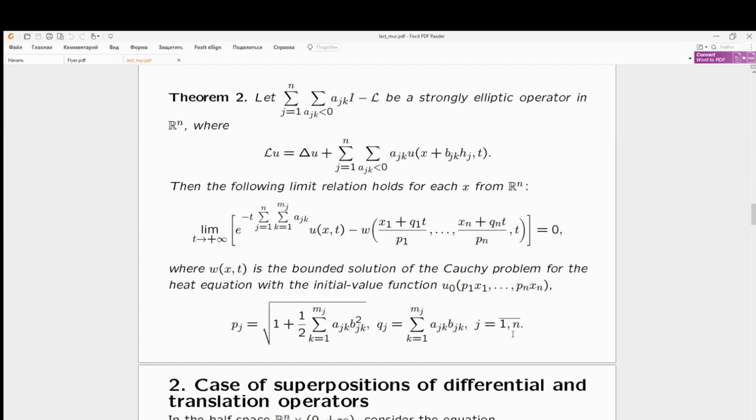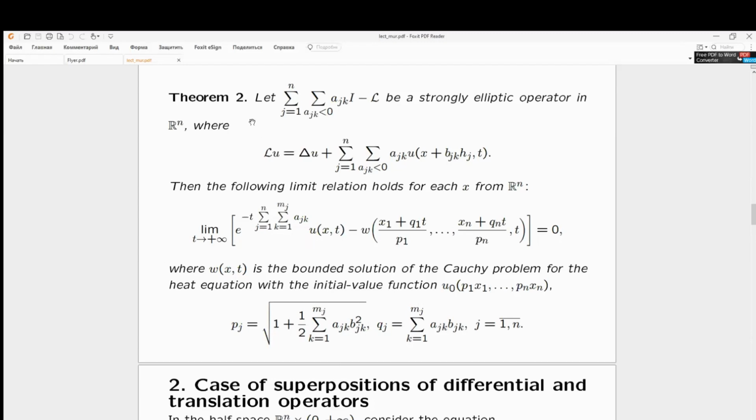And please note that the strong ellipticity condition for this operator guarantees the non-negativity of this expression under the square root.